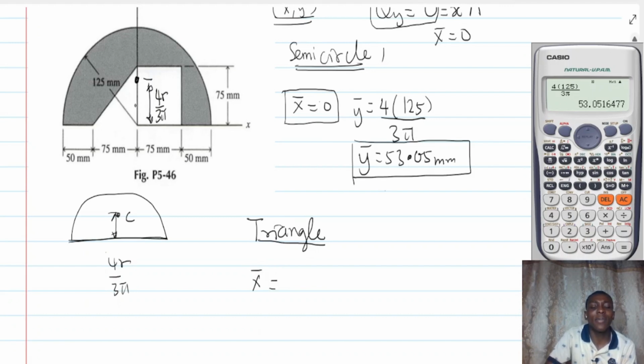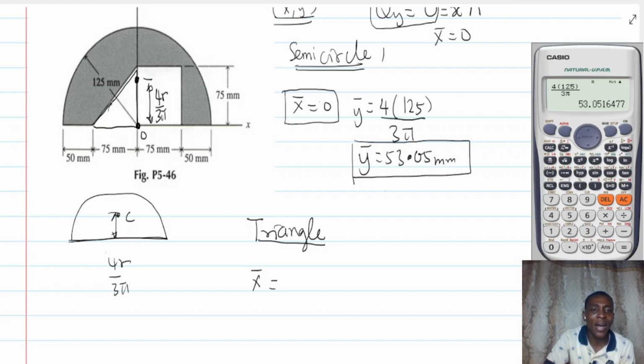So when I say the x bar of the triangle, this is the origin, right? So this is not 0. Why is this not 0? Because if I have this triangle, the axis does not divide it exactly into two. It is only the semicircle area which it divides into two. And that is the reason why the moment of area was 0. But the triangle is here. So please, it is not 0. But for the semicircle, it is 0.